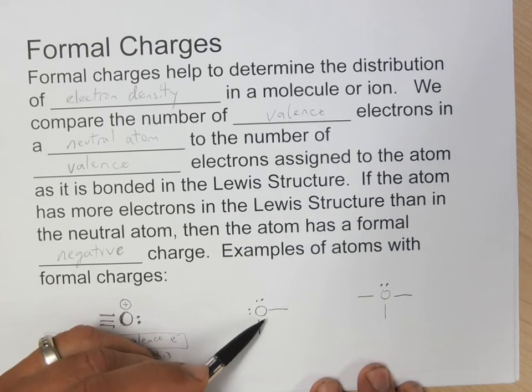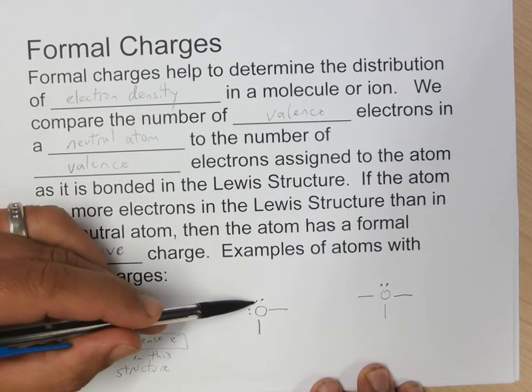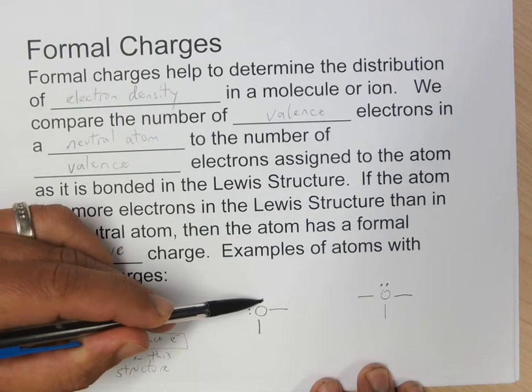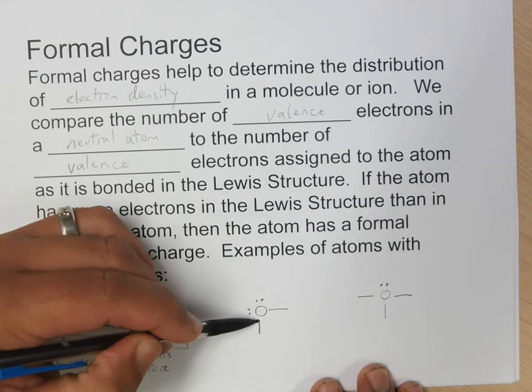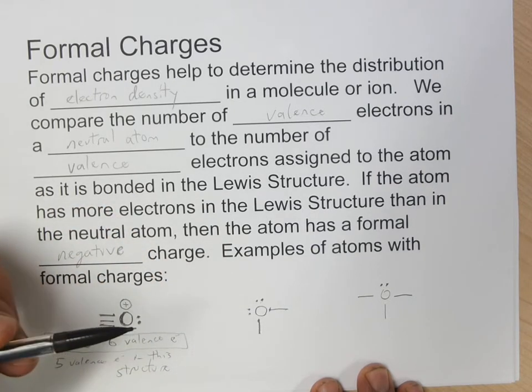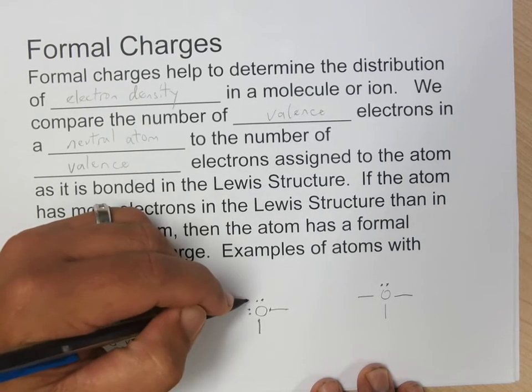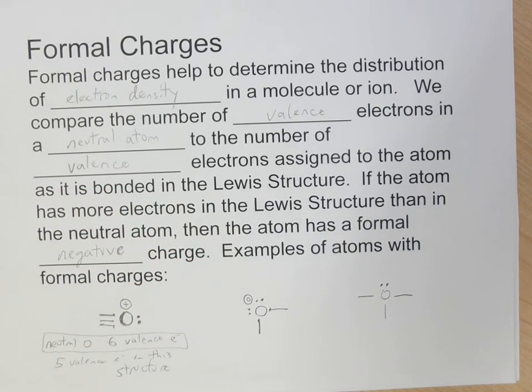If you have an oxygen that's got 2 bonds to it and 2 lone pairs, again, how do you assign the electrons to it? 1, 2, 3, 4 all to itself, plus 1, 2 from the shared pairs, 6 valence electrons. So this one, and we wouldn't usually write the 0 formal charge, but when I'm teaching something I like to be super complete.